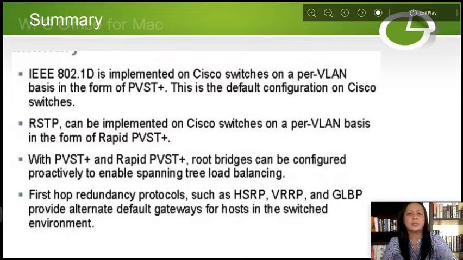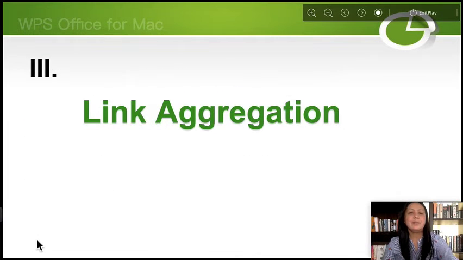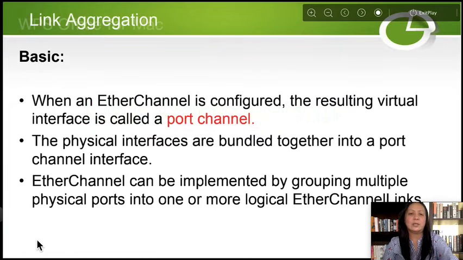The first hop redundancy protocols such as HSRP, VRRP, and GLBP provide alternate default gateways for hosts in the switched environment. Now we are proceeding to our last topic, which is link aggregation.